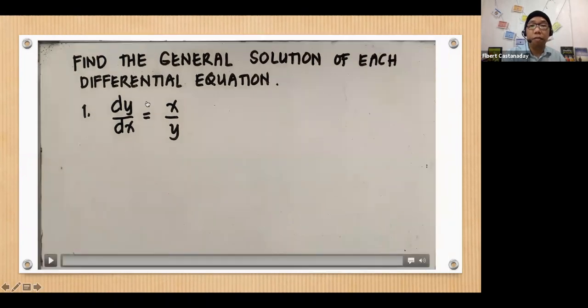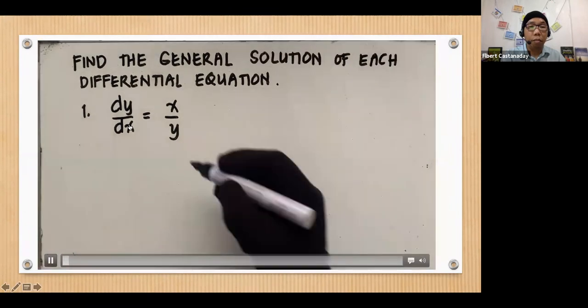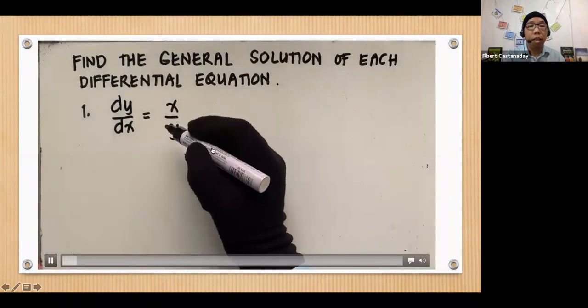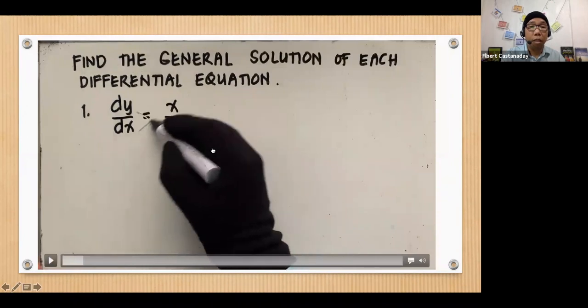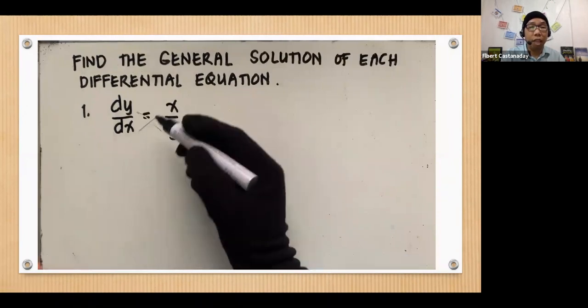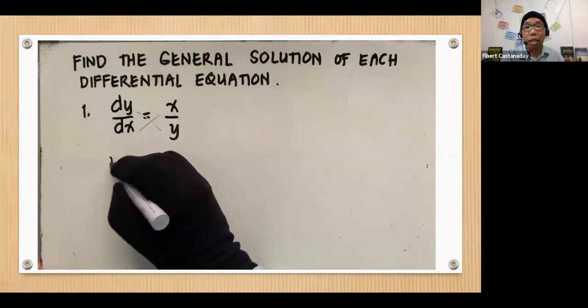Okay, let's solve the first example. We are given dy over dx is equal to x over y. What we will do is just cross multiply, because we have to separate the variables.